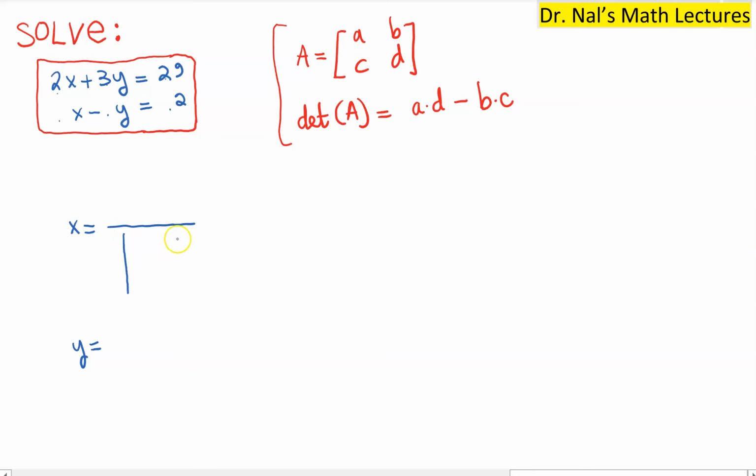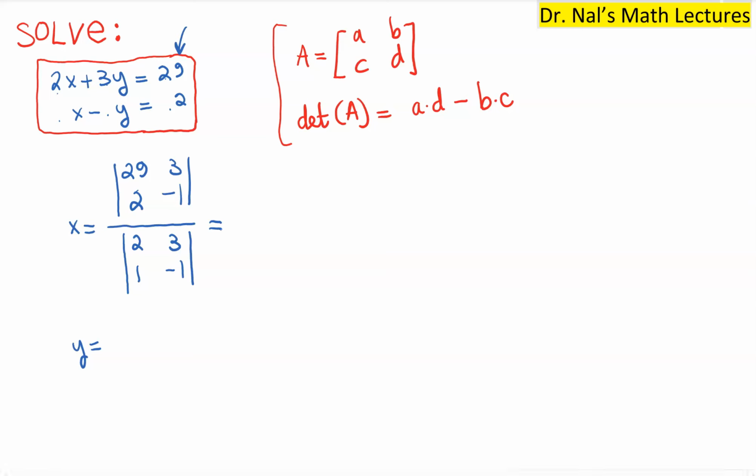In the denominator, we have the determinant of the coefficient matrix for the variables. For the numerator, for the very first column, we replace the values with the right-hand sides. Because we are trying to calculate x, we replace the first column entries with 29 and 2, while the second column entries remain intact.